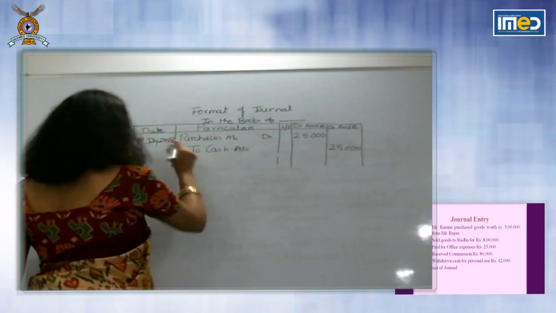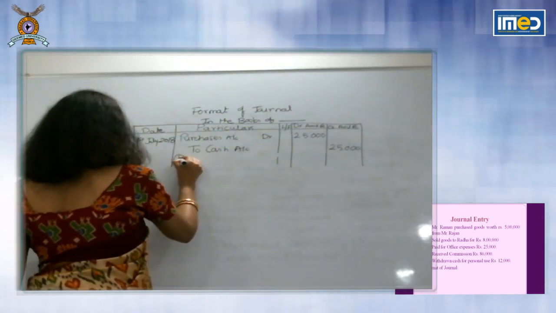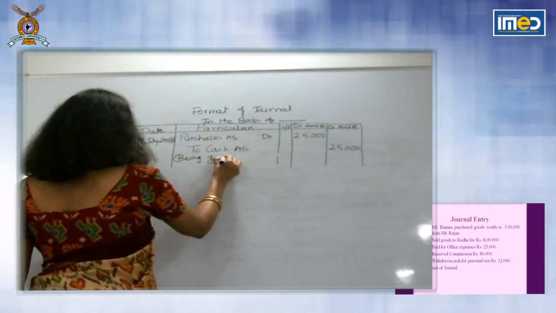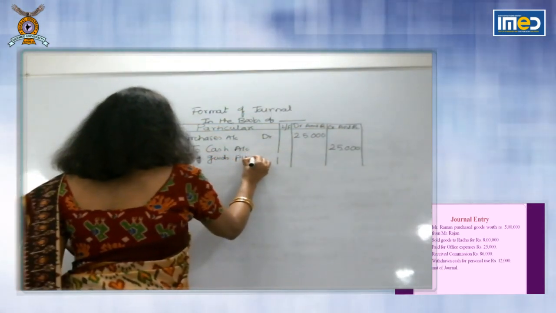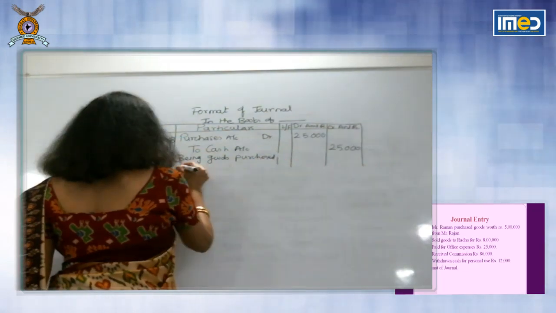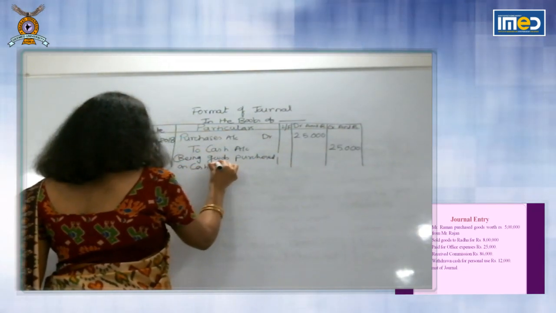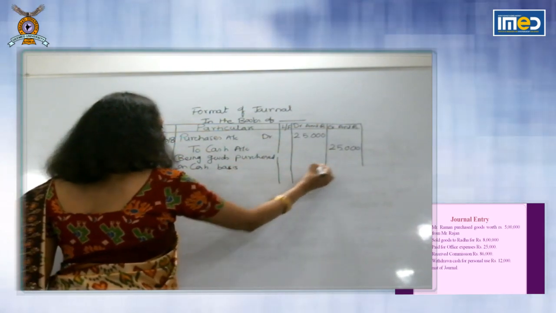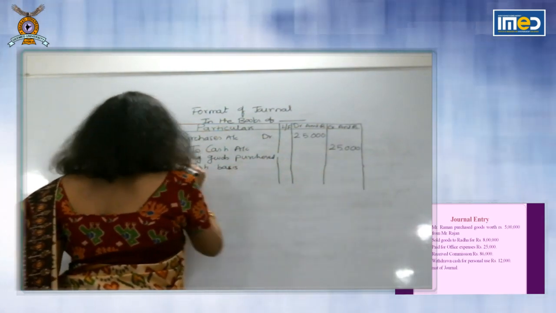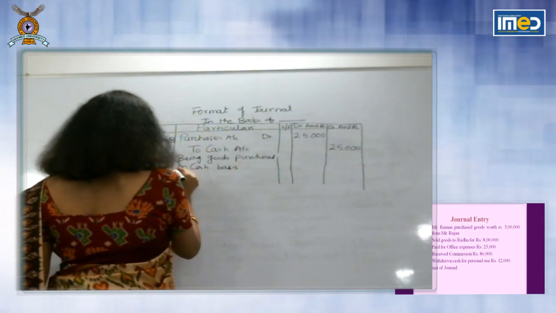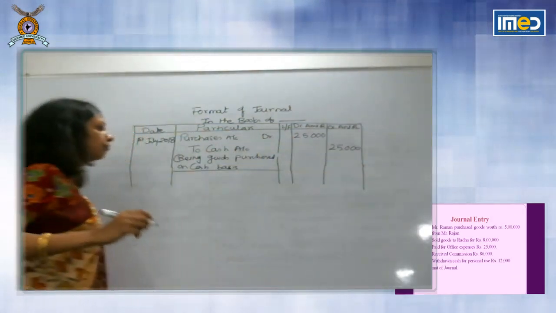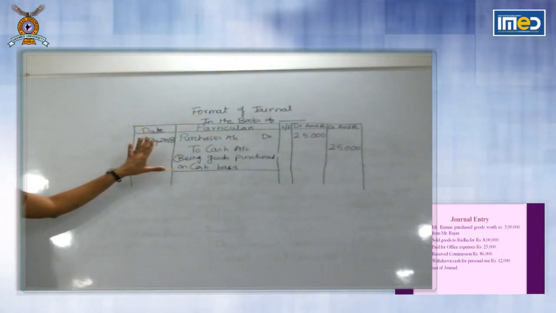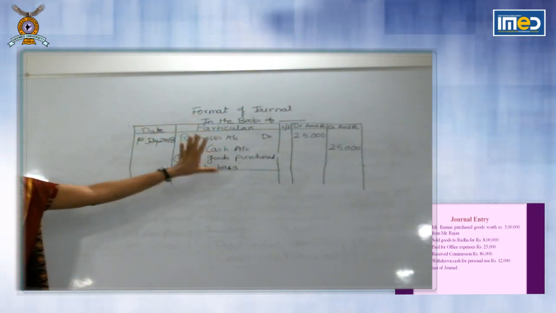Narration you will write in particulars column: being goods purchased on cash basis. This is the way of passing journal entry.